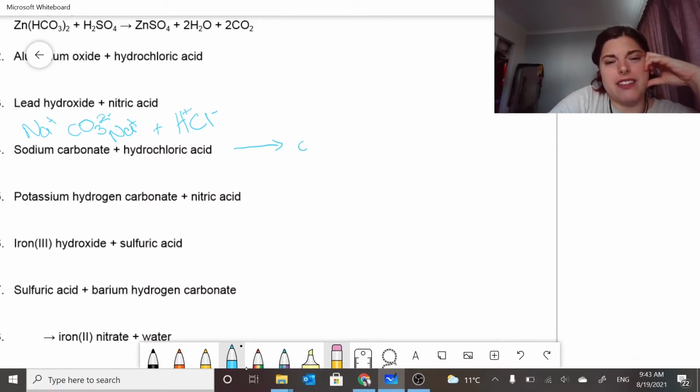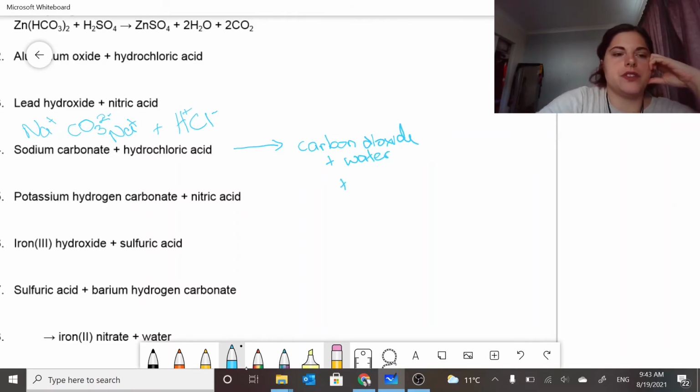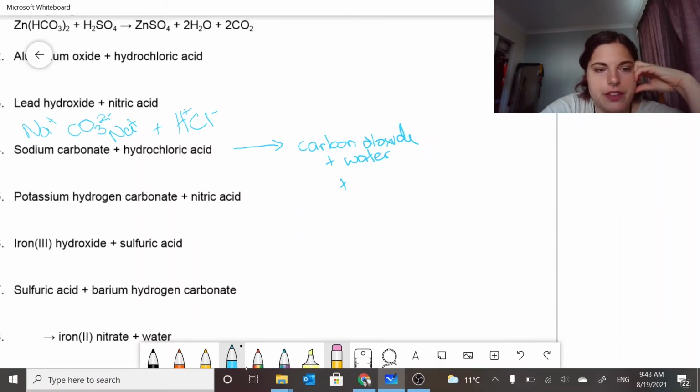So I'm going to write the carbon dioxide first so I don't forget. Plus water, plus our mystery salt. So we've got a sodium and a carbonate. We also have a chloride to play with. So we're actually going to form sodium chloride.